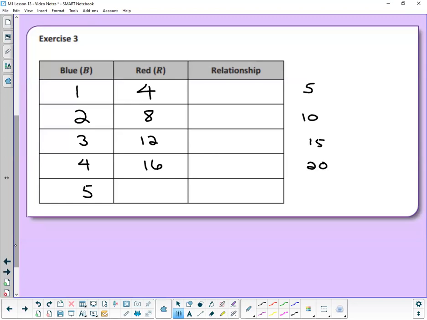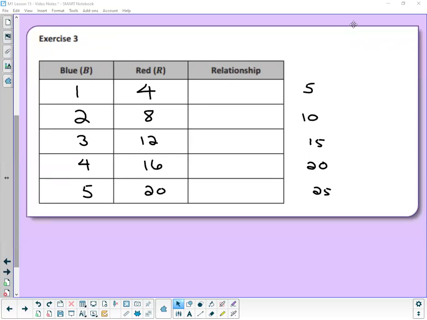And then 5, notice I'm counting by 1s going down here because my initial number of gallons of blue paint was 1, and I'm skip counting by 4s or multiplying the 4 by consecutive numbers to figure out the red as I go down. 20 and 25. So that gives you the amount for 25 gallons of purple paint.